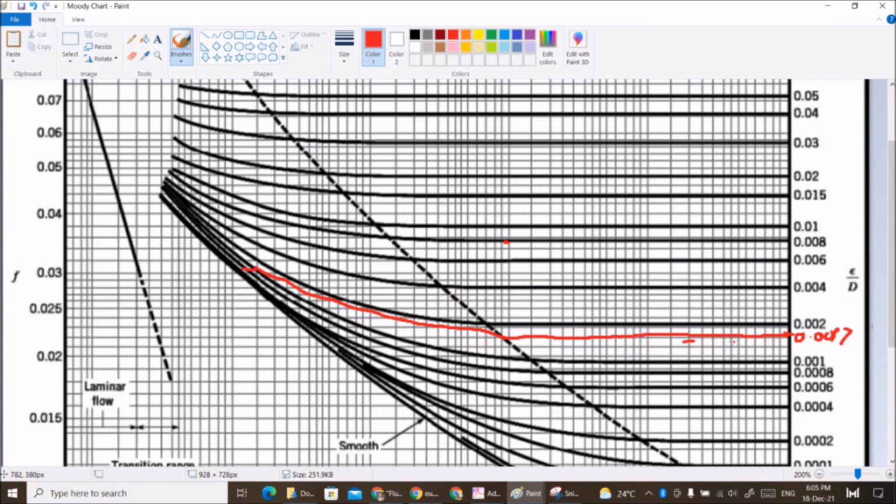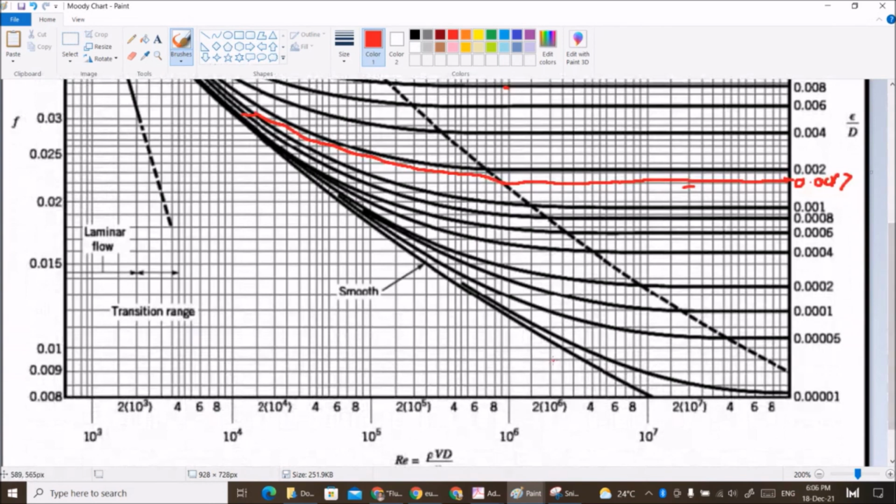So this is a parallel curve for psi by d 0.0017. So now first assumption, we assume f 20, 21, 22, 23, 24, 25. So this is 20, 21, 22.